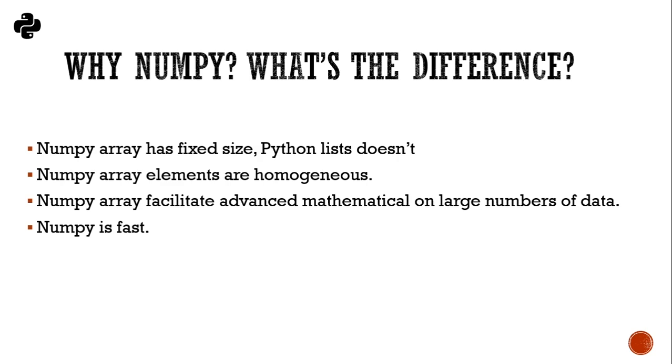And Numpy array elements are homogeneous, as I said before, while lists can be homogeneous or heterogeneous. Also, a Numpy array facilitates advanced mathematical operations on large amounts of data. As I said, it stores large amounts of data and has advanced mathematical formulas that can be applied to that data. Also, since it has pre-compiled functions, it is much faster. So that was done. Let's head over to the practical.